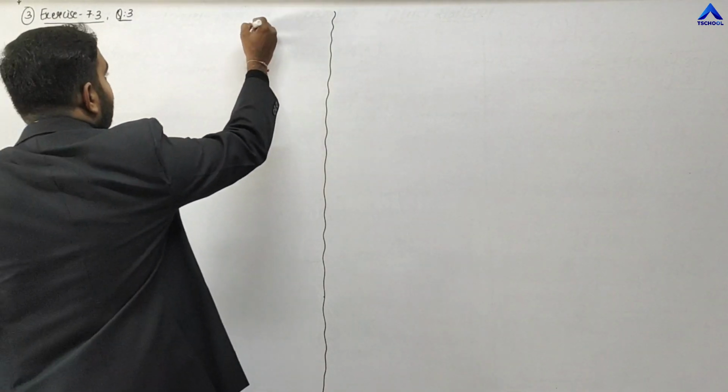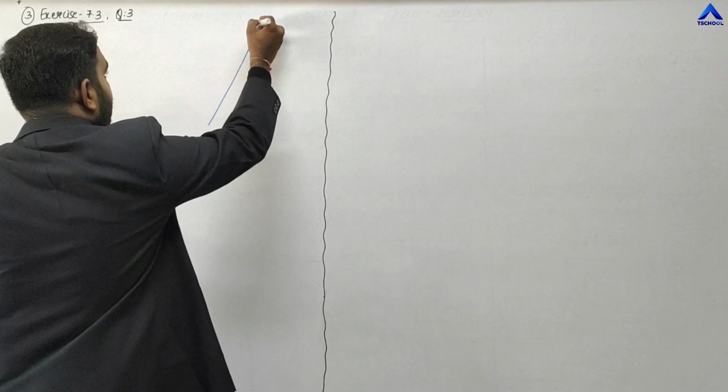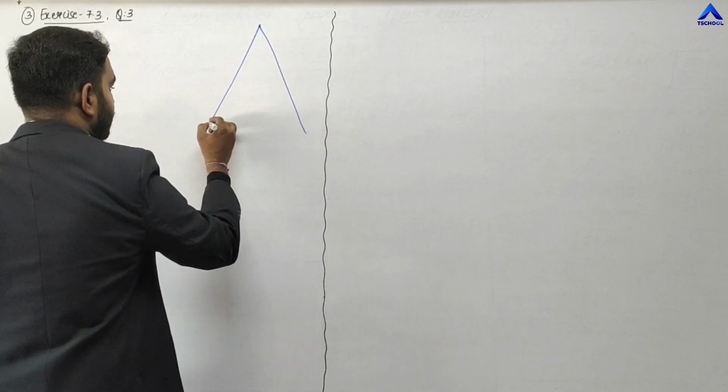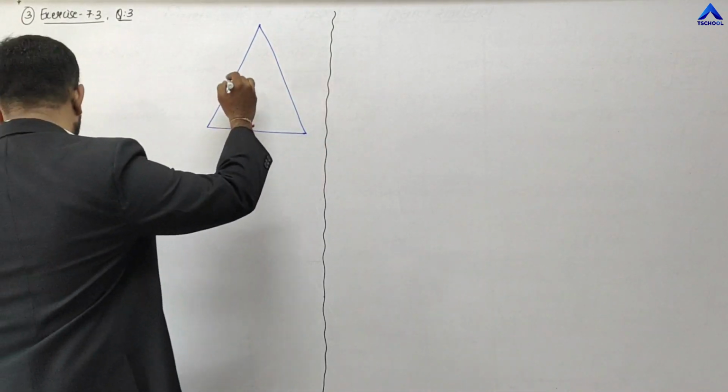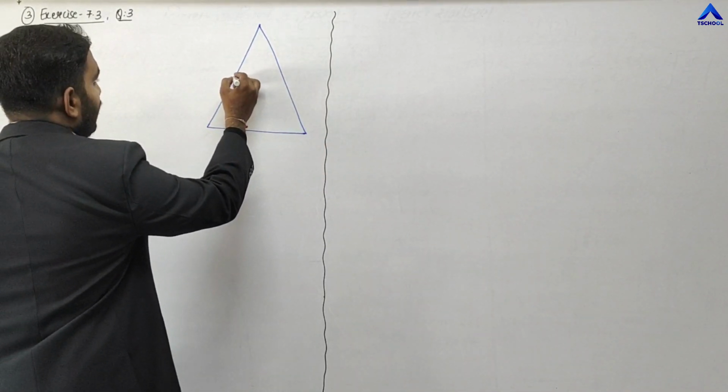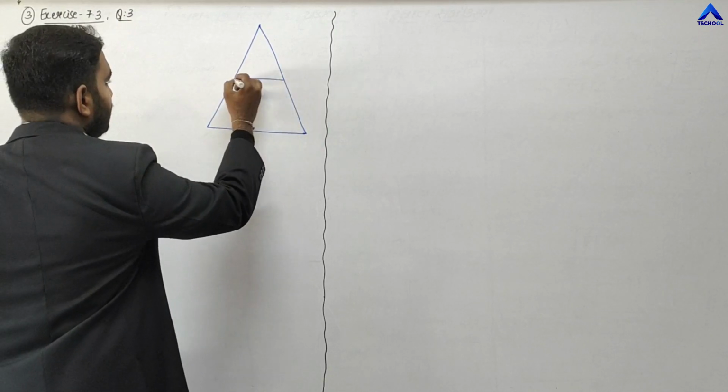So first of all, I have a triangle here that is given and I am going to join the midpoints here.